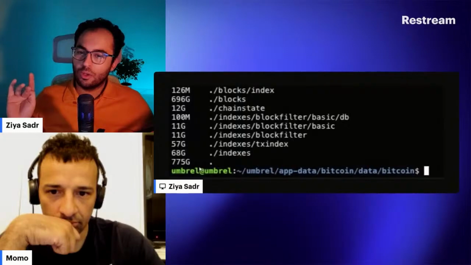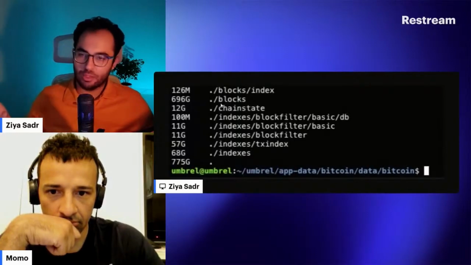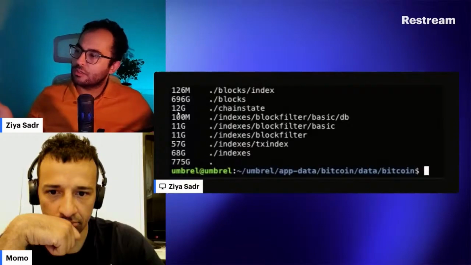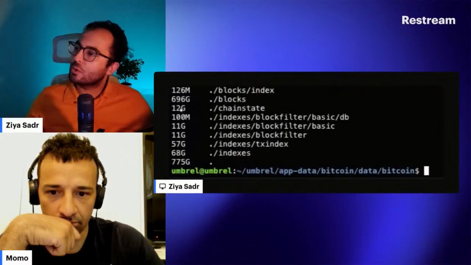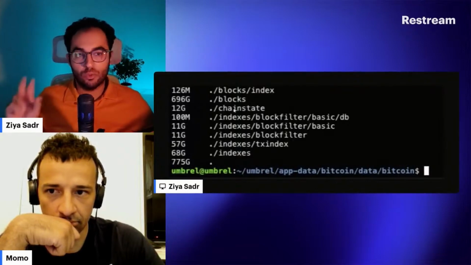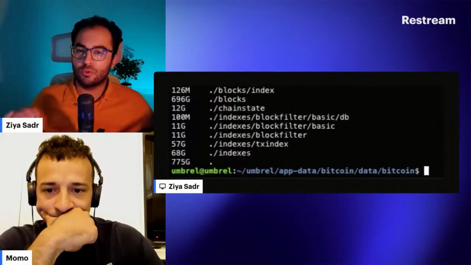Bitcoin node. So you can see that the block data is 696 gigabytes, which is the main thing, the whole blockchain. And there's something called chain state, which needs to be accessed quite quickly. So the chain state is called the UTXO set. It is all the unspent outputs of the blockchain.